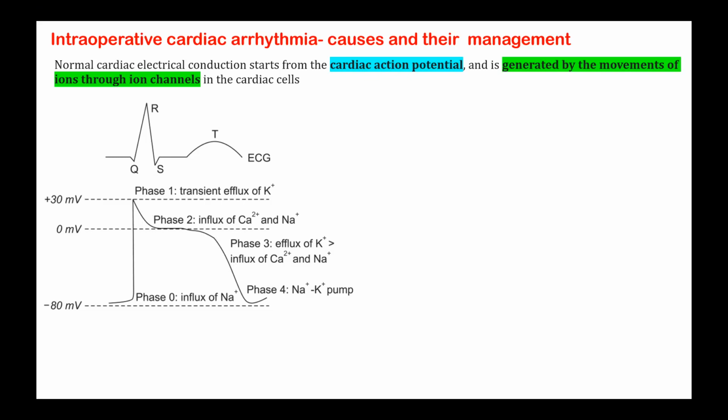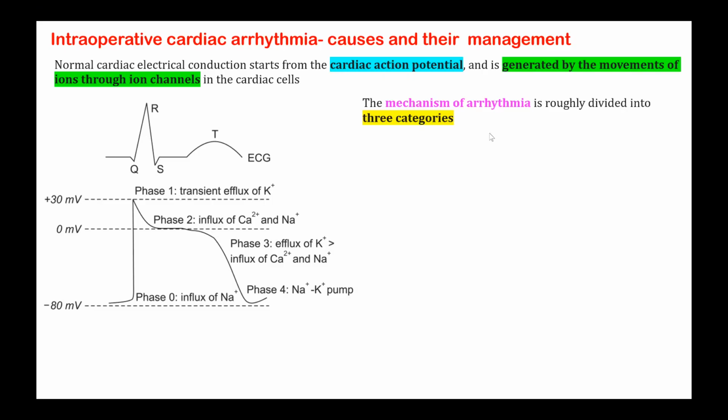The phase 1 and 3 will be absent, sir. Okay, so it's a straight upstroke and this plateau will not be there. It will be almost like a QRS complex, go up and then come down straight away.